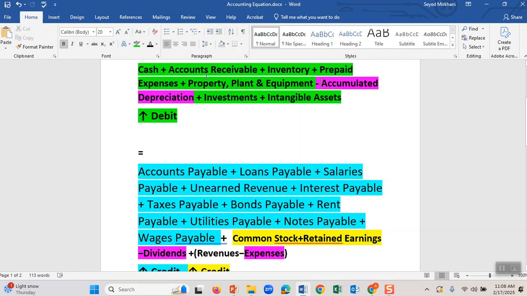Why did the accountants put this accumulated depreciation in here? Because it is a negative, that means this one was supposed to be in the blue part, because if it was in the blue part, it would have a plus sign, but the accountants intentionally moved it from the blue part and added it in the green area.